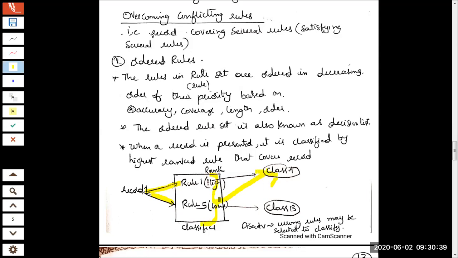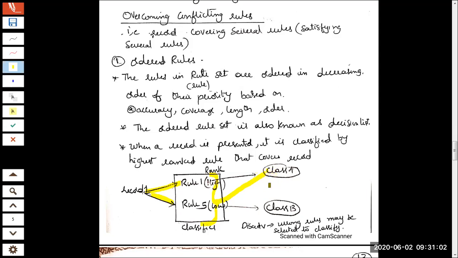For example, this was also briefed in the previous session, if you remember. I have my record 1. We will assume it is triggering rule 1 and rule 5. This will not be a problematic situation if both rule 1 and rule 5 take it to class A. It is a normal scenario, no issues, no complexities.